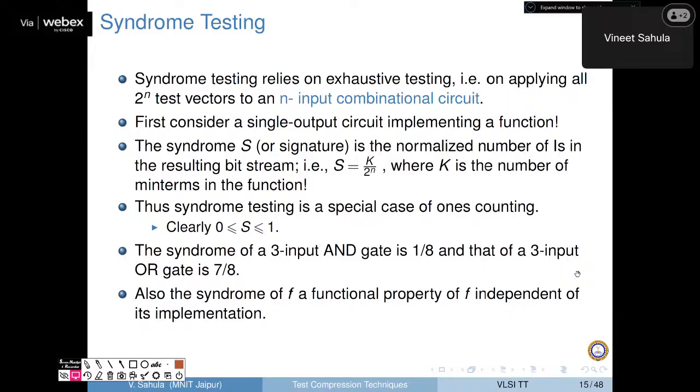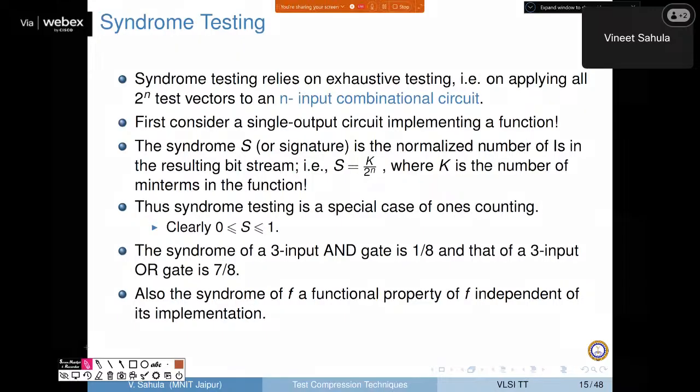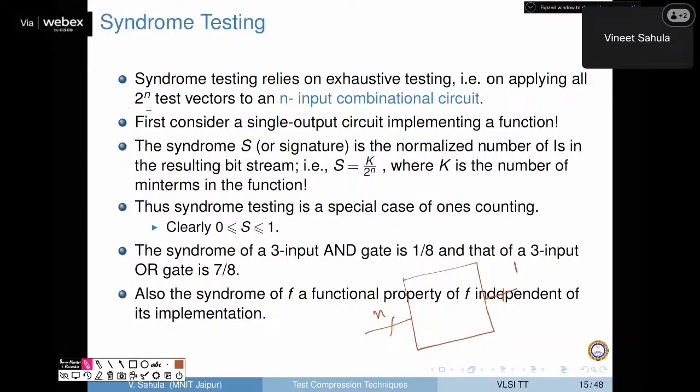So this says that for an input combinational circuit, let us keep in mind, there is an n bit combinational circuit. This could be a 1-bit output. There would be 2 to the power n test vectors or 2 to the power n minterms. Each test vector is 1 minterm, isn't it?